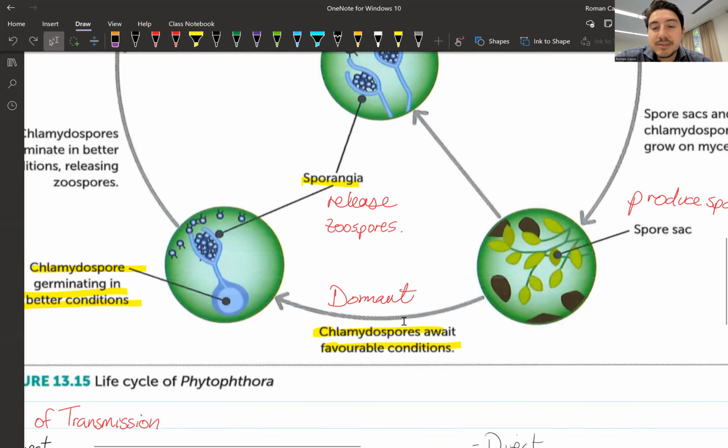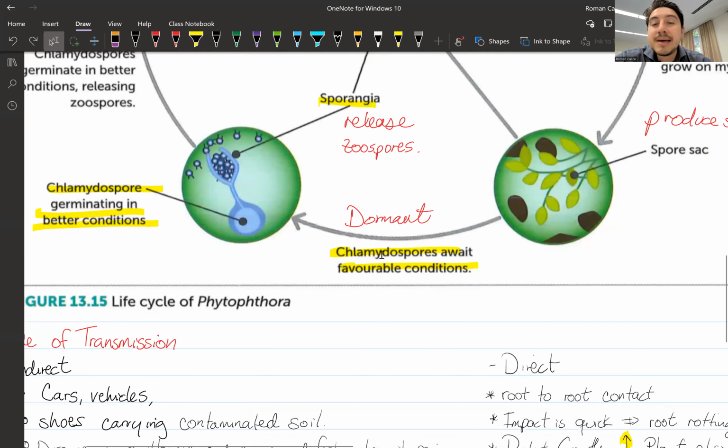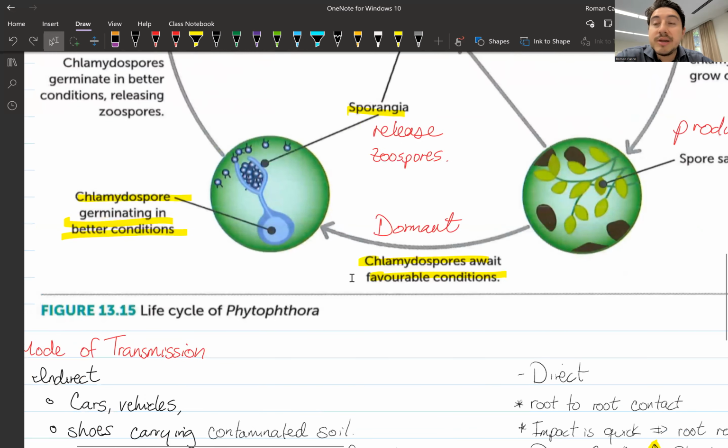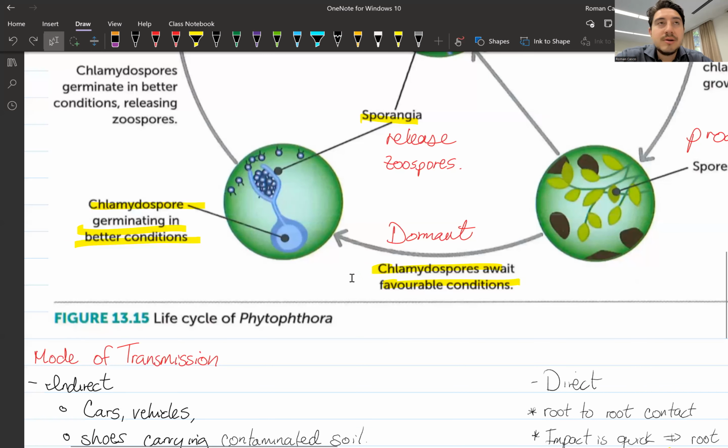In this case, you have a state called chlamydospores. Okay, so it's a more sealed off spore, with very minimal requirements. There's no growth. The spore is just there and it's dormant, waiting for the conditions to be favorable so it can germinate again.